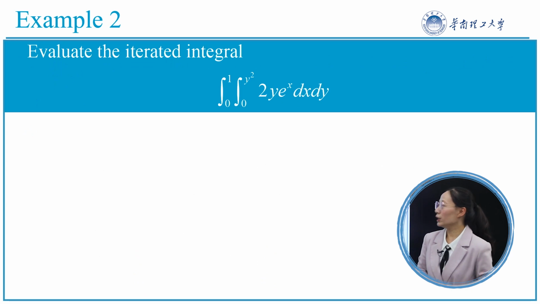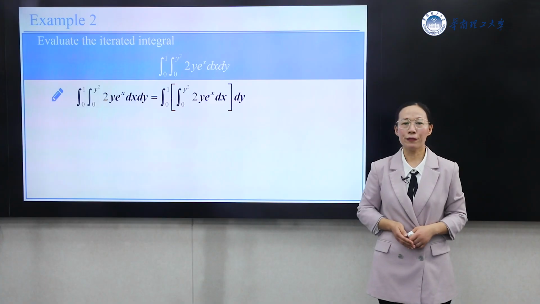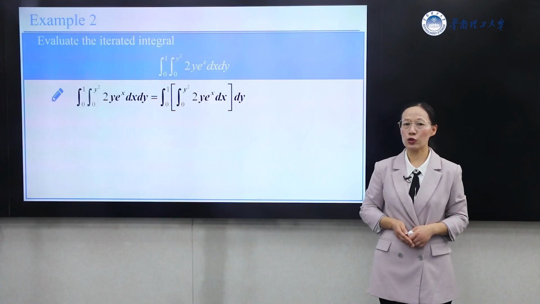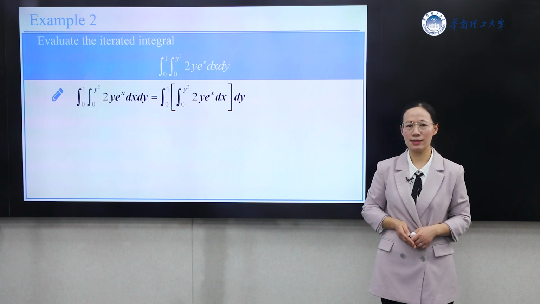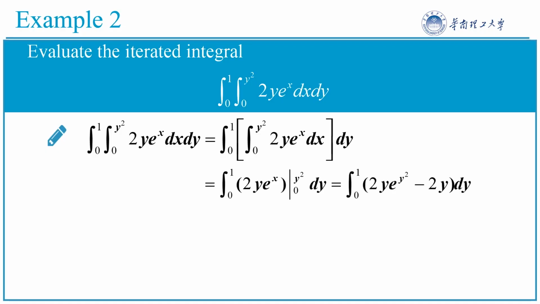Example 2. Evaluate the iterated integral of double y times e to the power x for y from 0 to 1 and for x from 0 to the square of y. First, perform the inner integration with respect to x on the interval 0 to the square of y. Y is fixed.